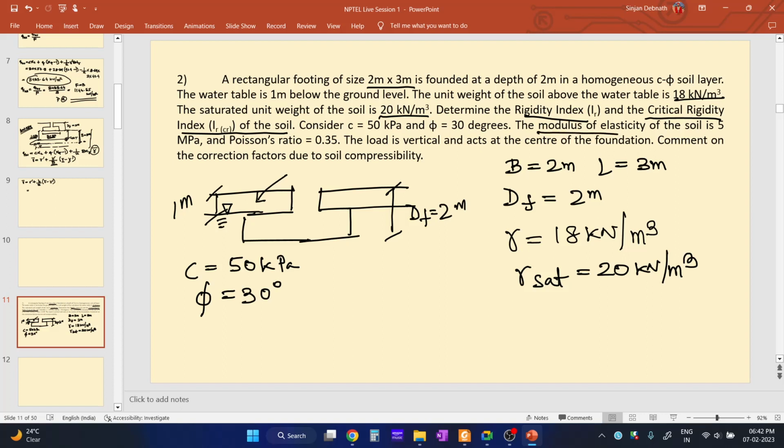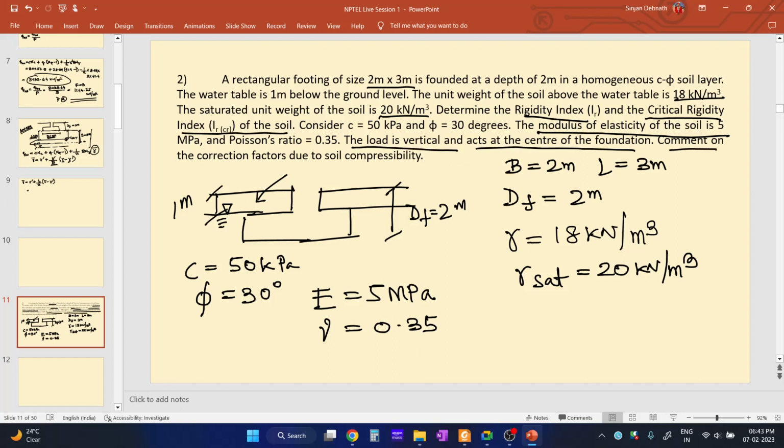The modulus of elasticity E of the soil is 5 MPa, and the Poisson ratio is 0.35. The load is vertical and acts at the center of the foundation. Comment on the correction factors due to soil compressibility. First let us focus on the first part: we need to find the rigidity index and critical rigidity index.